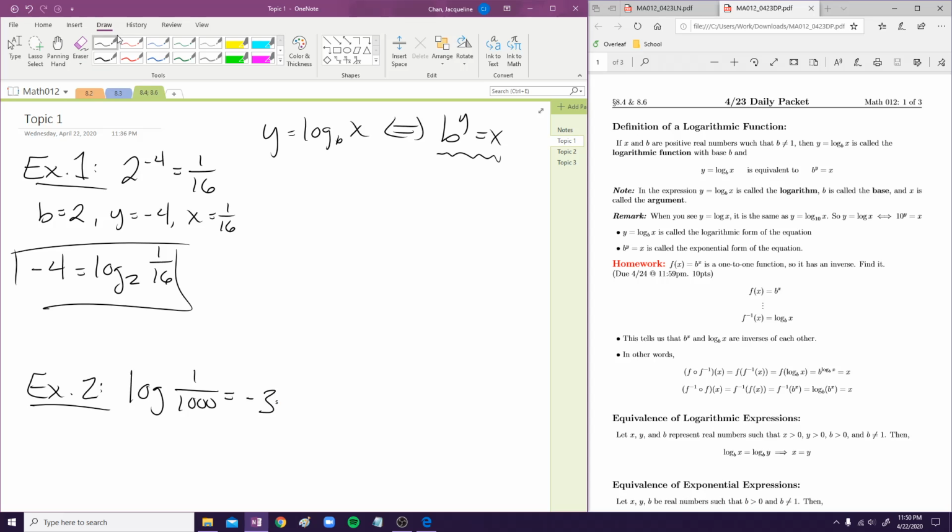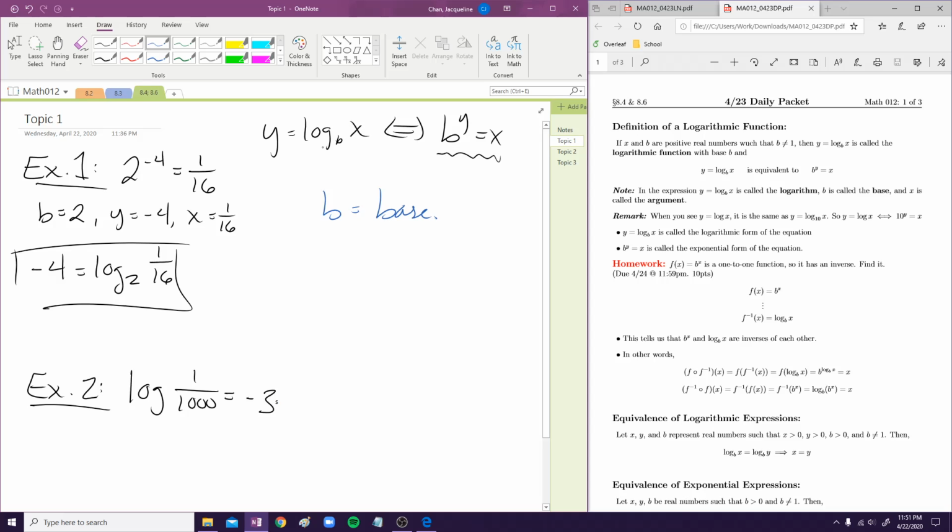But for me, how I remember is that b is equal to your base. For an exponent, this is always your base, the one that's getting exponentiated. And over here, this is also called the base.